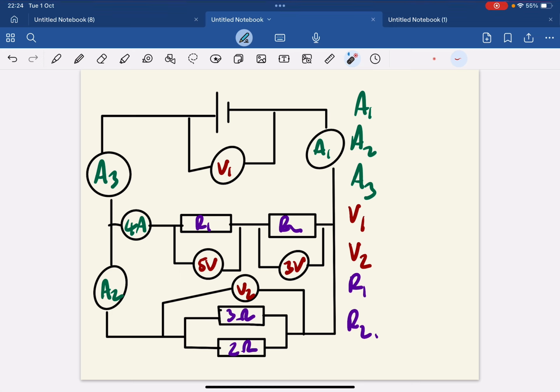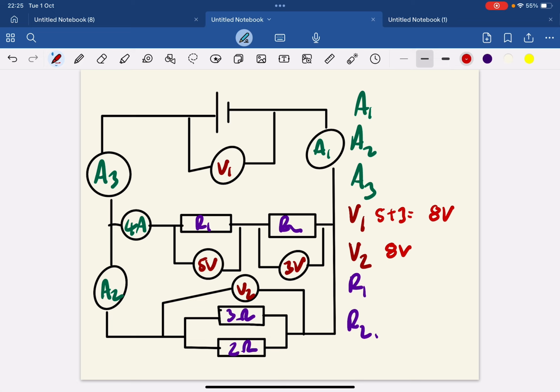So, we know in that loop there, we've got 5 volts and 3 volts. So 5 plus 3 is equal to 8 volts, and we've got V2, which is also going to be equal to 8 volts.